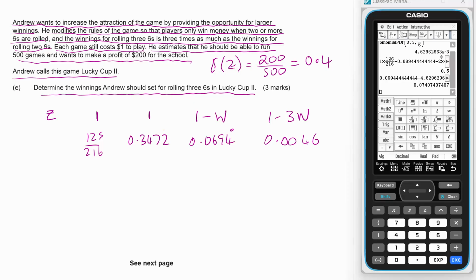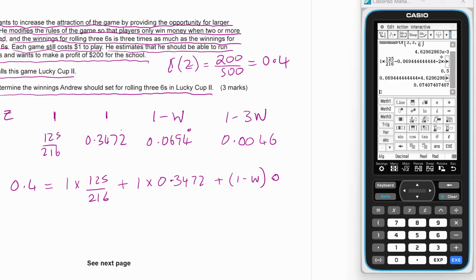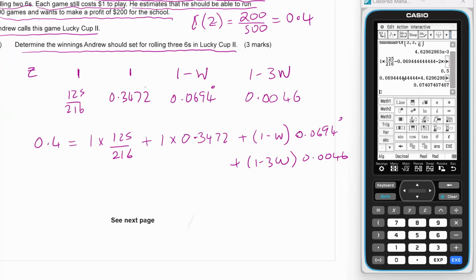And so what we have is that we need 0.4 to be equal to 1 times 125 over 216 plus 1 times 0.3472. We might use a bit more of that number, or use a fraction if you've worked it out, plus 1 take away W times 0.0694 recurring, plus 1 take away 3W times 0.0046, and of course using that number on the calculator up there.